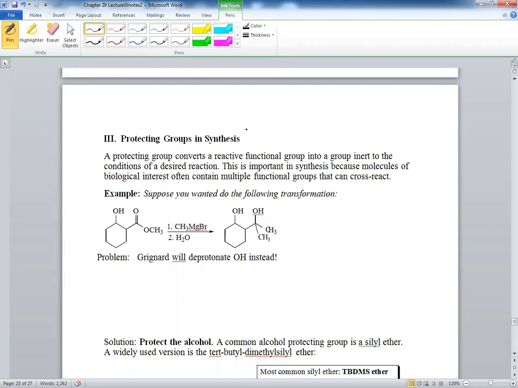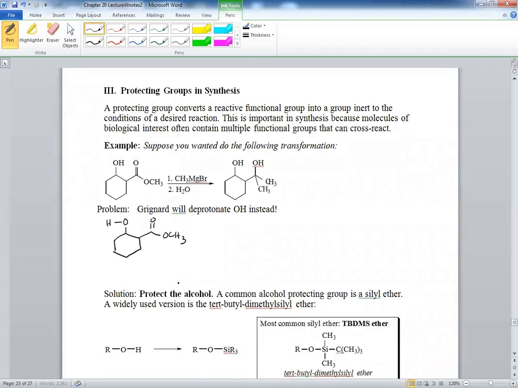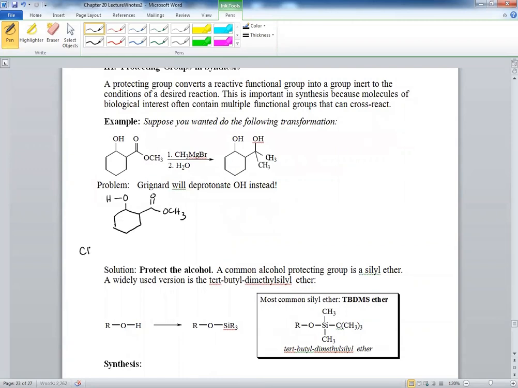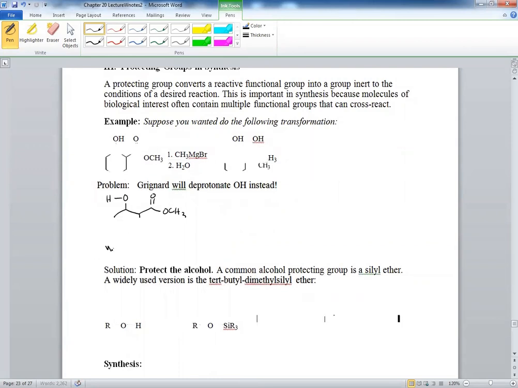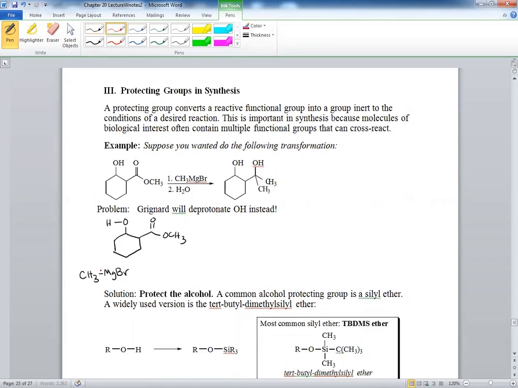So again, the problem is that you have, let's just draw it out like this. So if we have a Grignard reagent, once again, it's going to react.